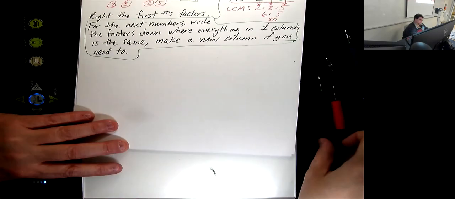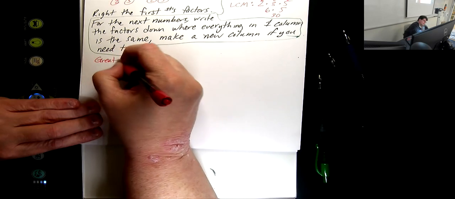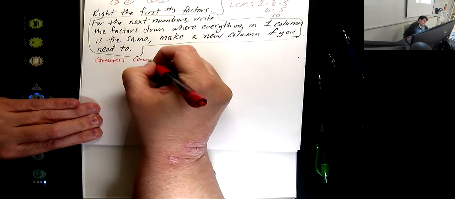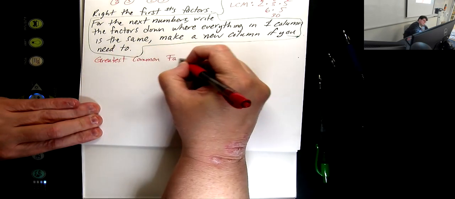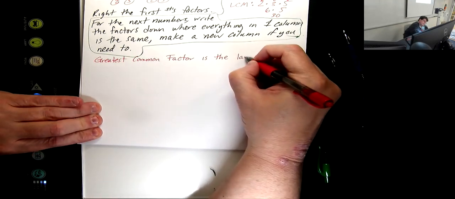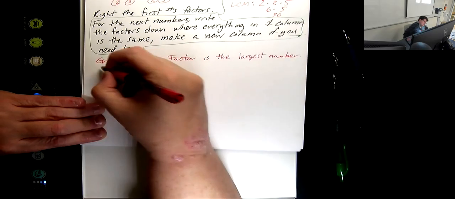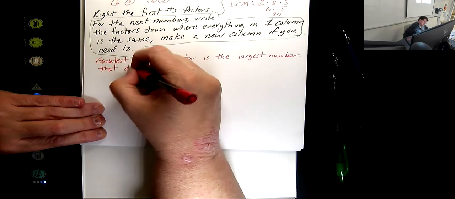And we'll use the same one to show greatest common factor. Greatest common factor is the largest number that divides evenly into the numbers you're looking at.